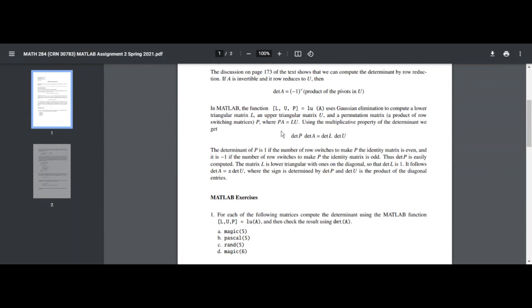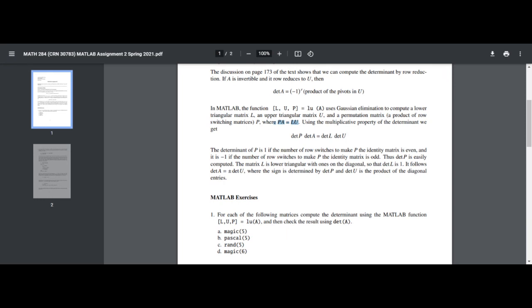But now if we're going to allow row interchanges, we have to represent the LU factorization by P times A equals L times U. P is what's called a permutation matrix. A permutation matrix is a product of row switching matrices. So if we're going to include row interchanges to get our LU factorization, the matrix equation is P times A equals L times U.